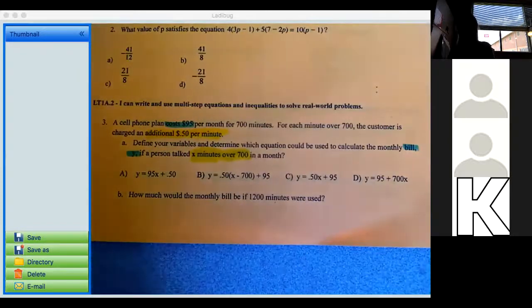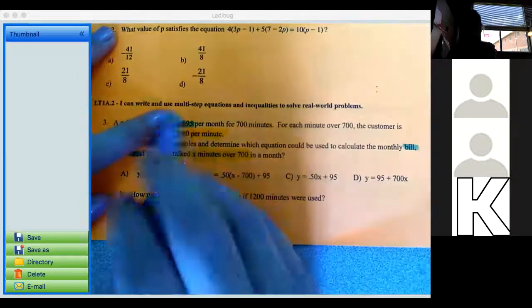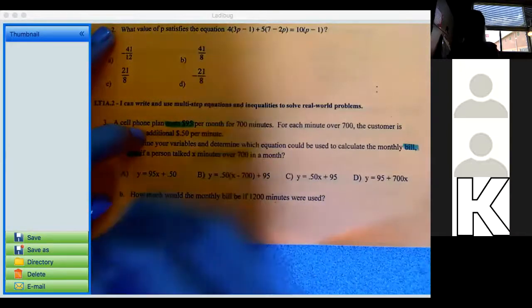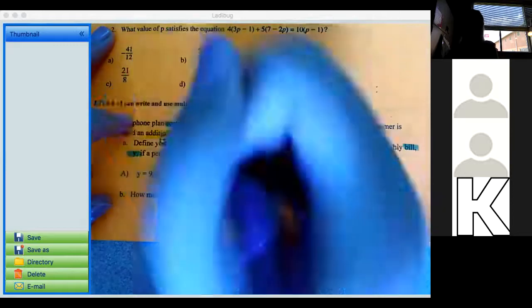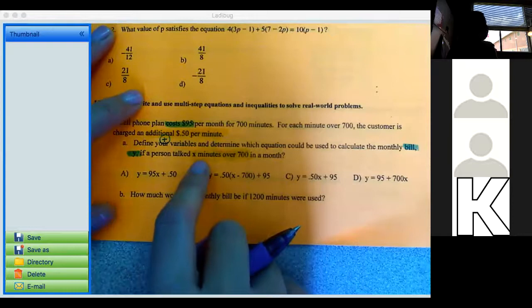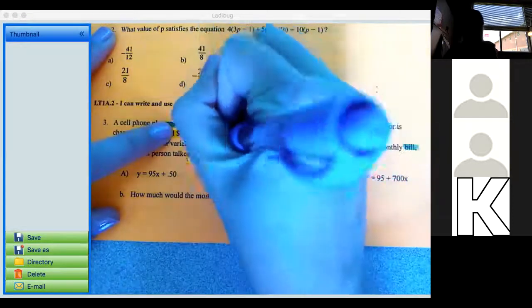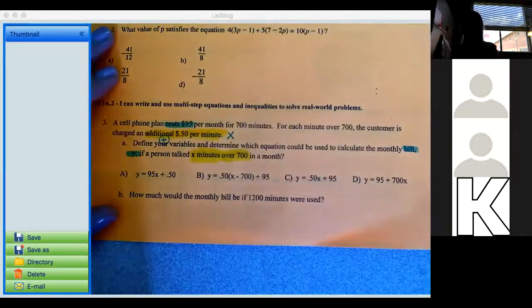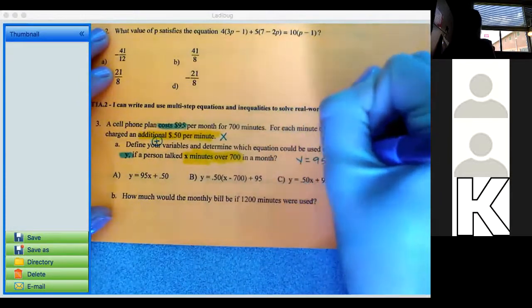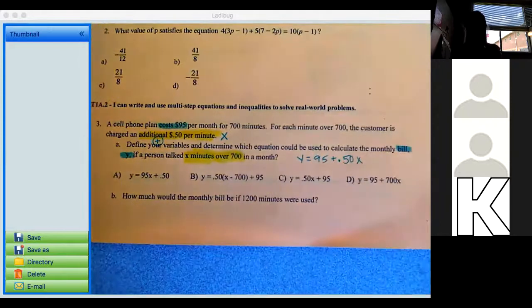So our bill is starting off at $95. Then it says additional. So what are we doing? Adding, good. 50 cents per minute. What variable did they say minutes was? X. So this is going to be 0.50X.